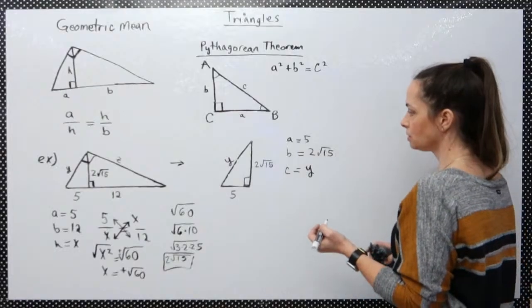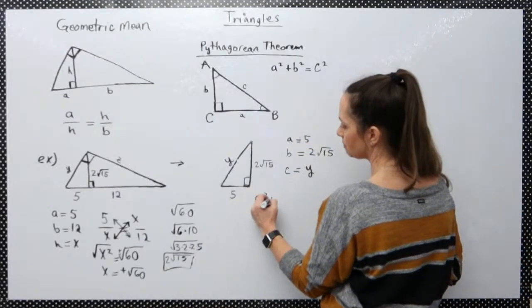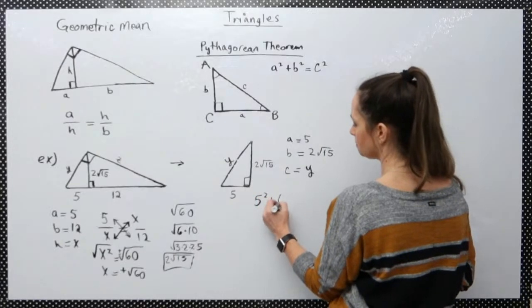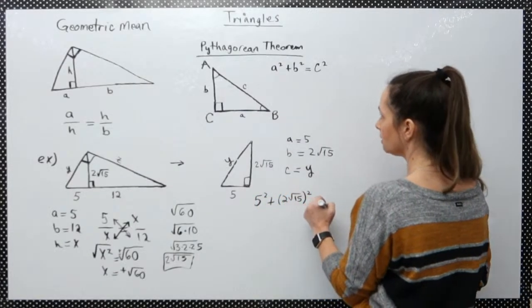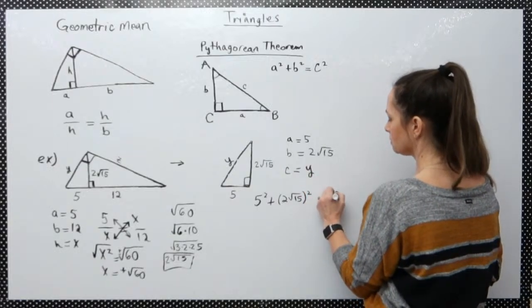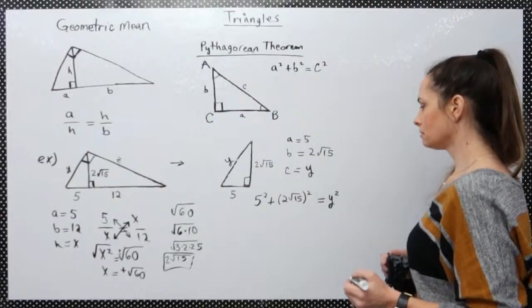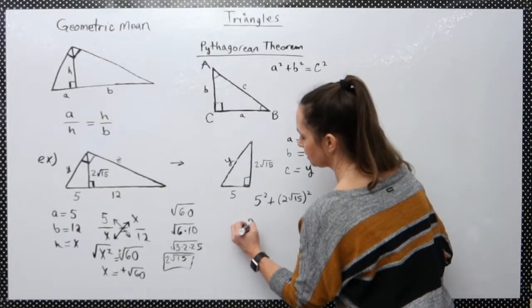And then you just plug into your formula: 5 squared plus 2 radical 15 squared equals y squared. And then 5 squared is 25.